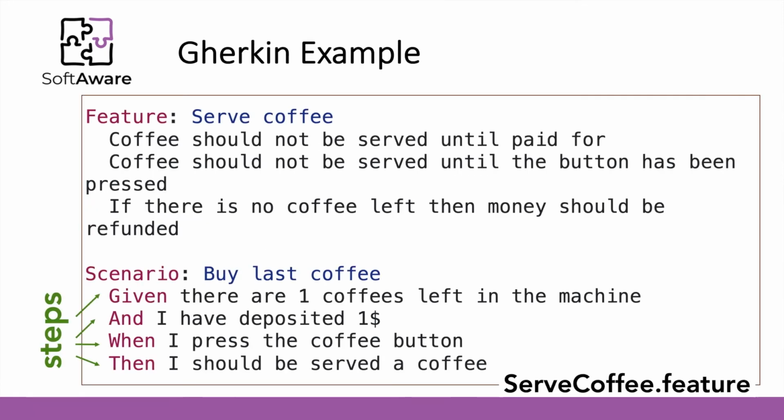Let's look at the Gherkin example where we have a feature that is serve coffee. And then we have a couple of lines and sentences that refer to the feature description.